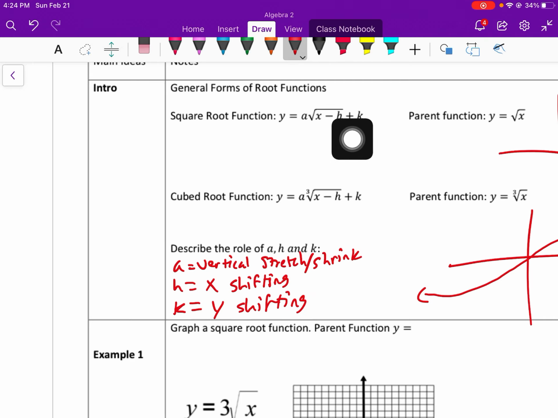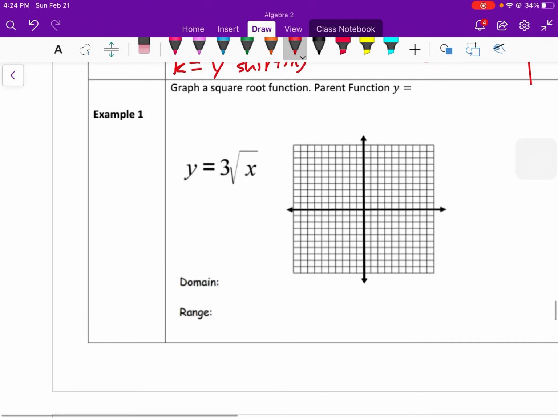So this is familiar to unit 7, minus h. If we subtracted k to the other side, it'd be y minus k, which is what we were used to with parabolas. So we do the opposite. Our ordered pair would be h and then k. And I'll explain that when we actually plot some points.